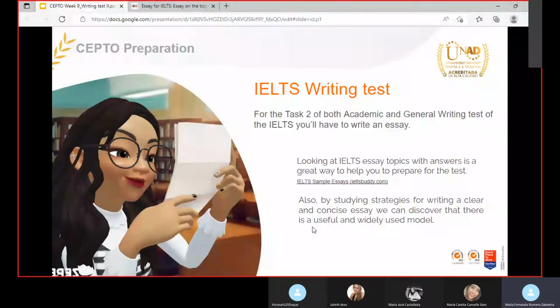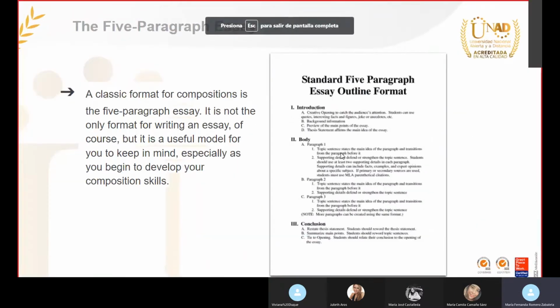But today we are going to focus on studying a specific strategy for writing a clear and concise essay, and it is a pretty useful and widely used model that is called the 5-paragraph essay. Have you heard about it before? Okay, so the 5-paragraph essay is a classic format for compositions of essays.